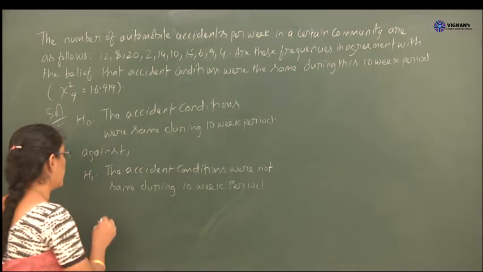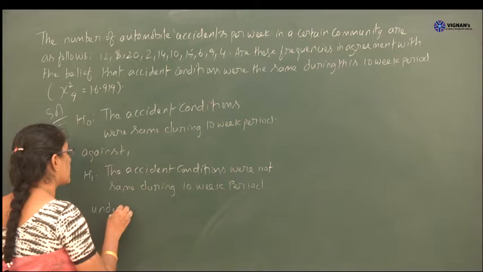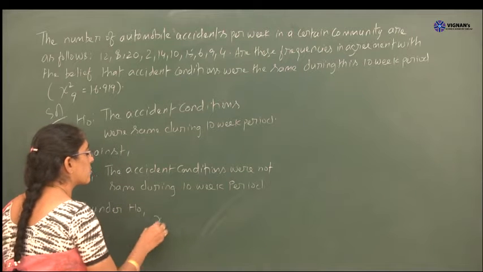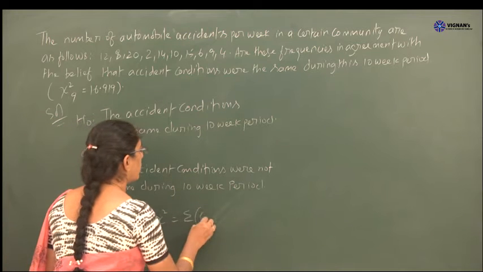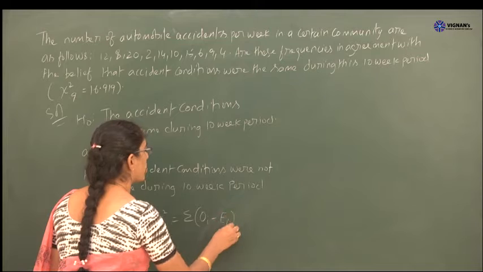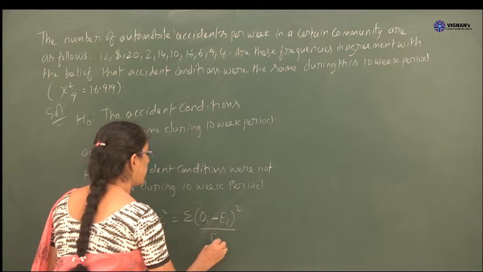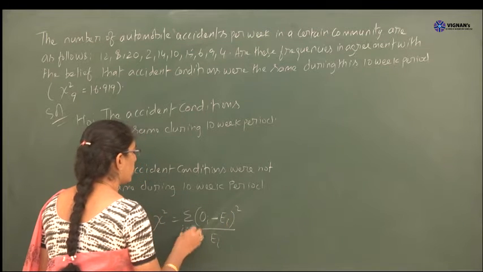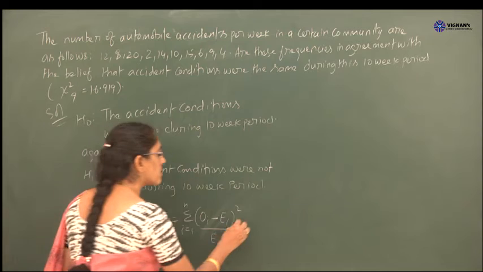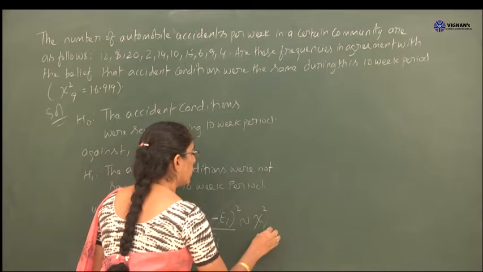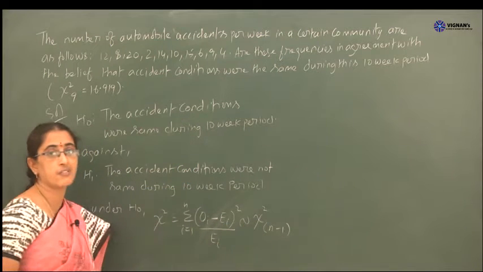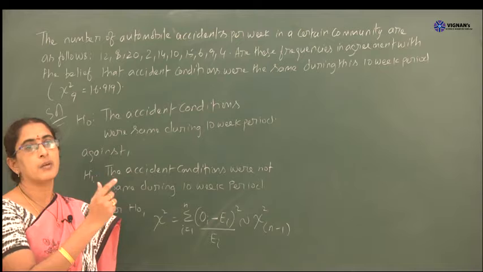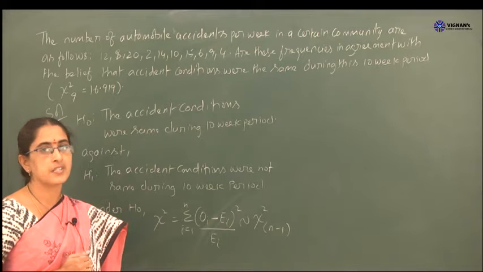Then under the null hypothesis, the test statistic is given as chi-square equal to summation of observed minus expected whole square by expected, where i is equal to 1 to n, and it follows a chi-square distribution with n minus 1 degrees of freedom, where n represents the number of observations, not the sample size here.